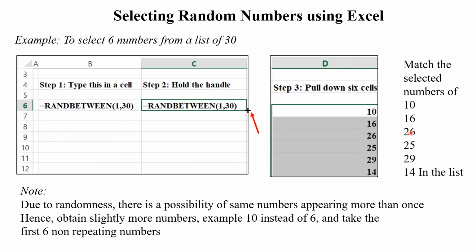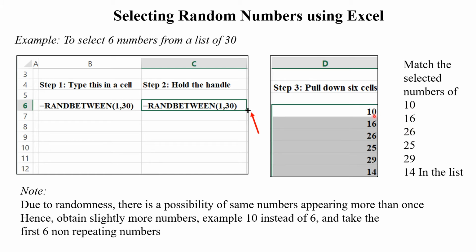And then take the first 6 non-repeating numbers. Example, let's say this is 10, and I already have taken 10 there. If this is 10 again, I ignore it and go to the next. So I want 6 numbers, but if some are repetitive, we may end up with only 5.